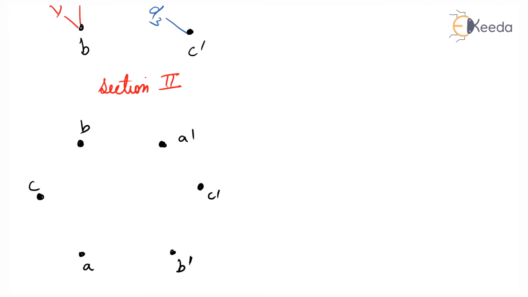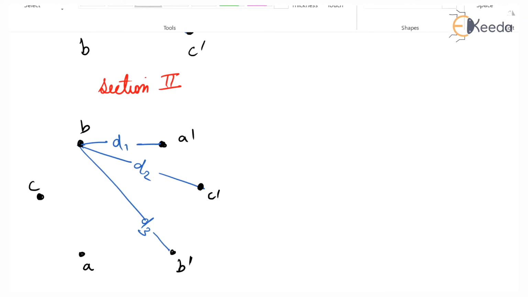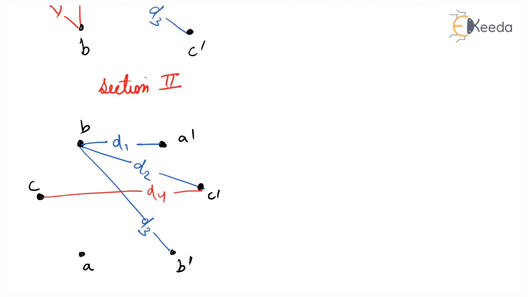So now again distance from B to A dash, D1, B to C dash, D2, B to B dash, D3. And distance from C to C dash, D4, distance from B to A, D5 and distance B to C is equal to C to A. This is equal to D. So this is section 3, BCA.